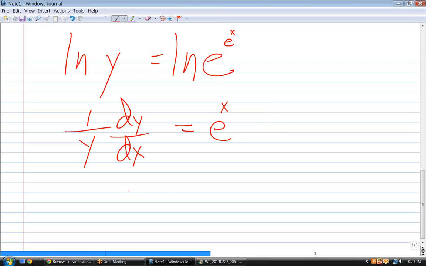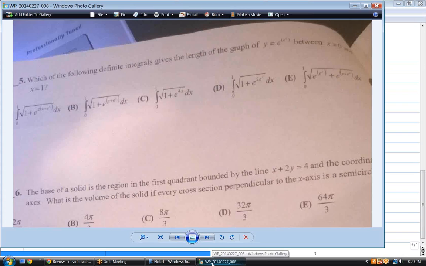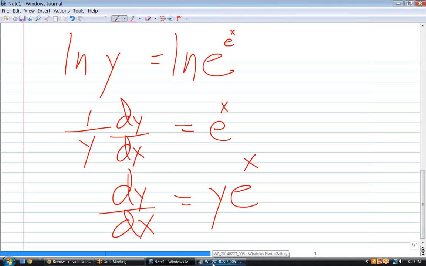So now, what does dy/dx equal to? It's equal to y e to the x. And what did the problem want? Okay. We want the arc length. So this is dy/dx. So we're going to integrate the square root of 1 plus dy/dx squared.